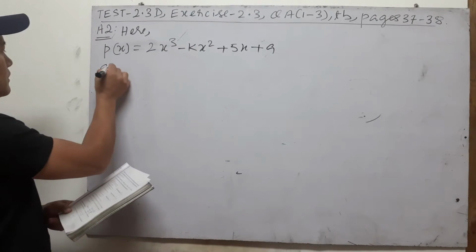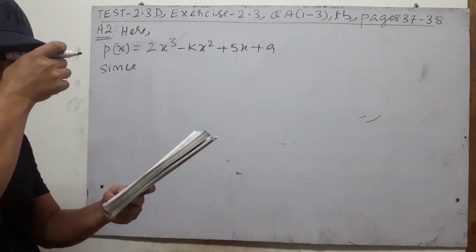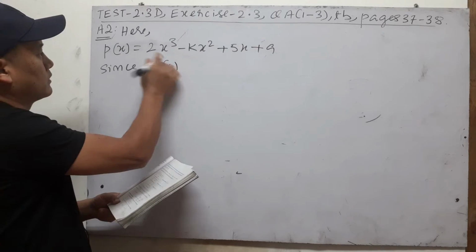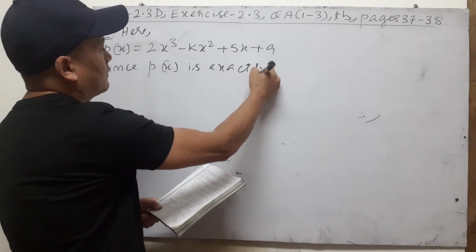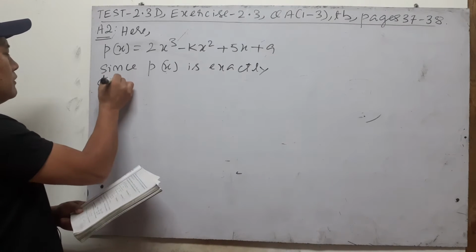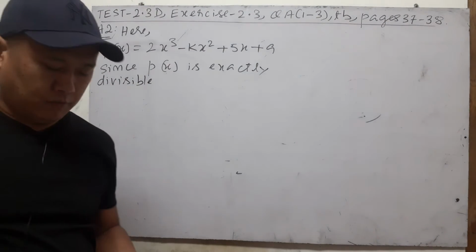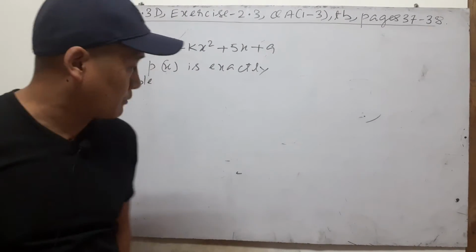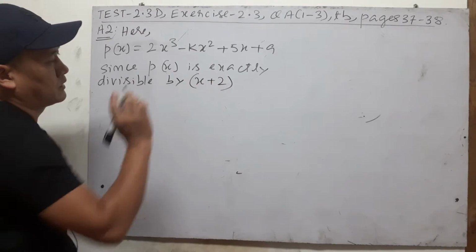Now since p of x, this one, is exactly divisible. The word exactly divisible simply means there will be no remainder, or in other words, the remainder will be 0. Exactly divisible by x plus 2, the textbook says that.